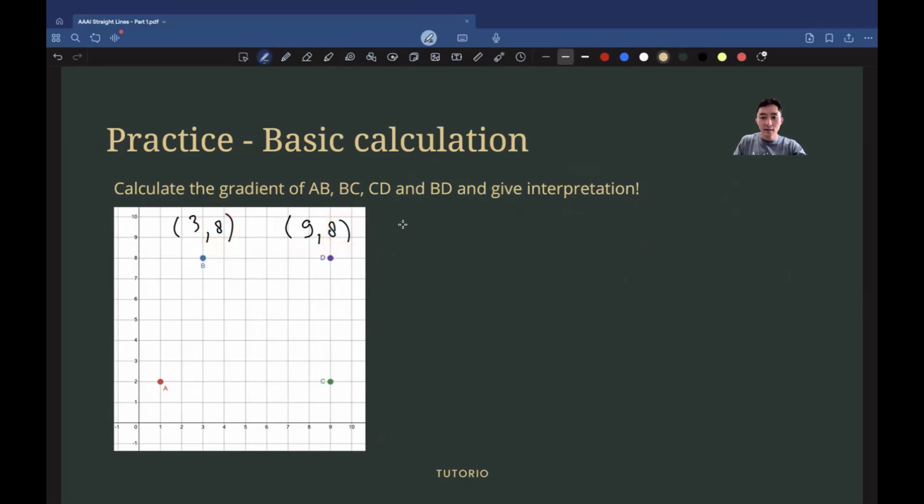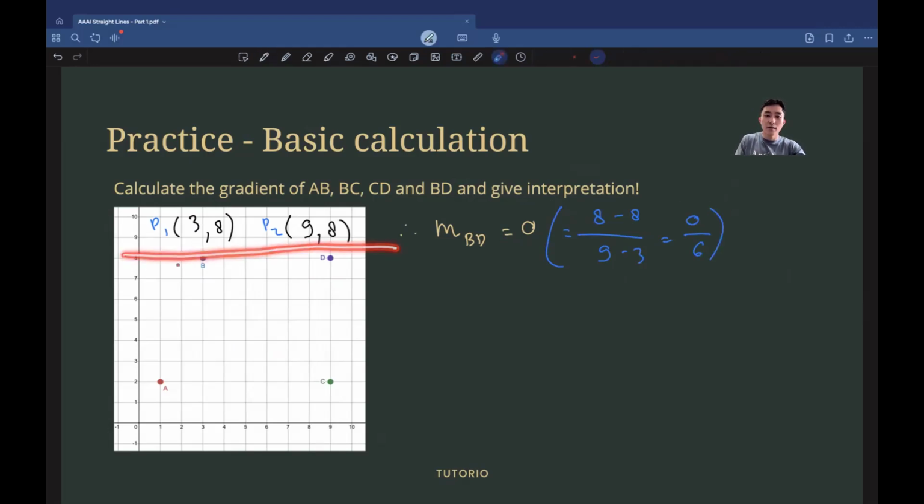So the gradient of BD will be 0. If you want to see how it plays out, we calculate y2 minus y1 over x2 minus x1. So y2 is 8, y1 is 8, x2 is 9, and x1 is 3. 0 over 6 is 0.